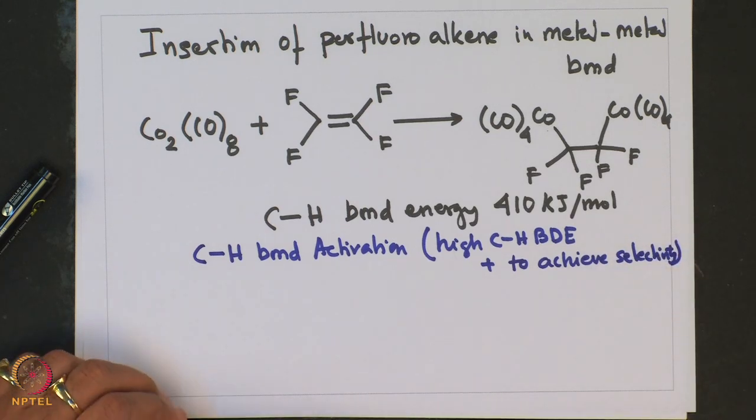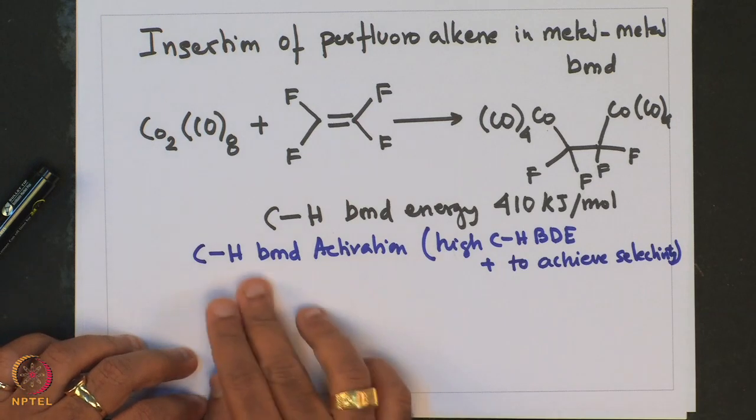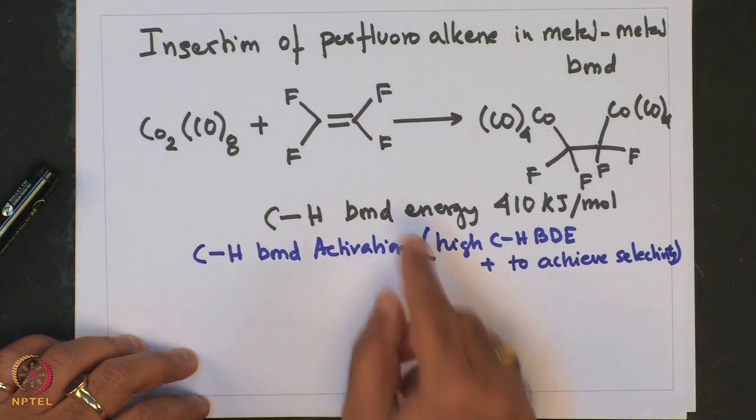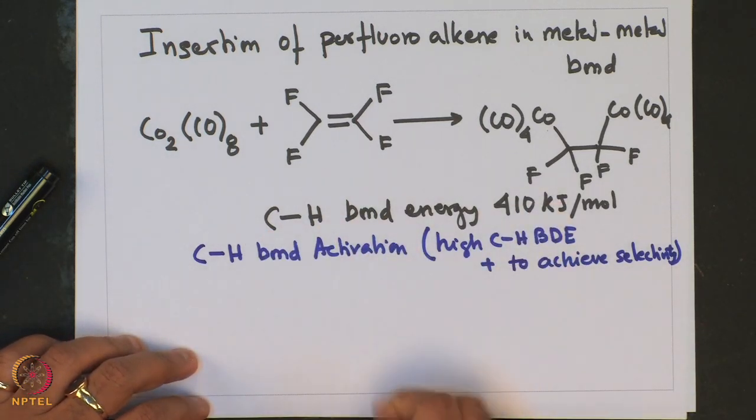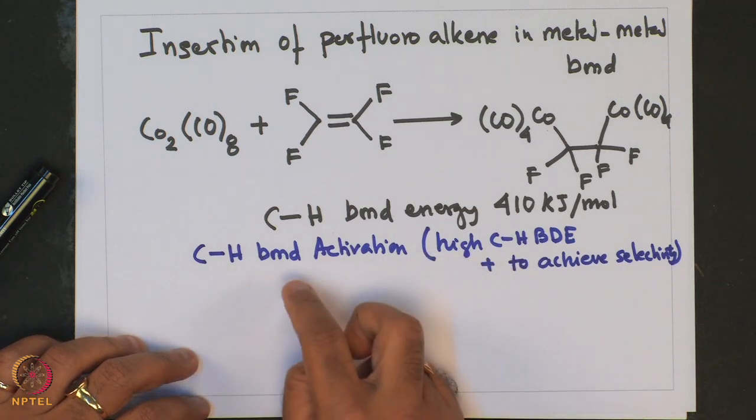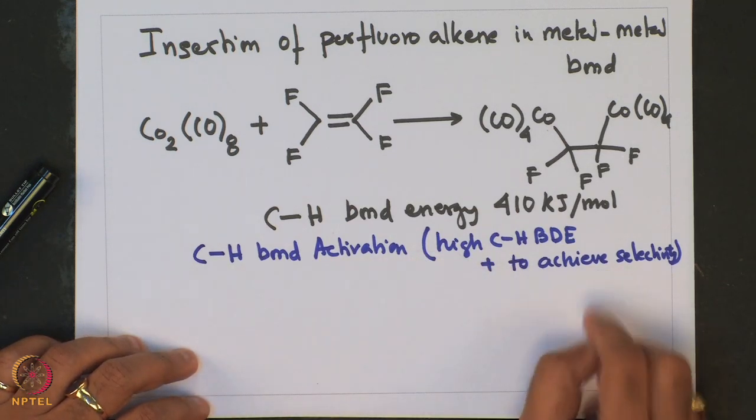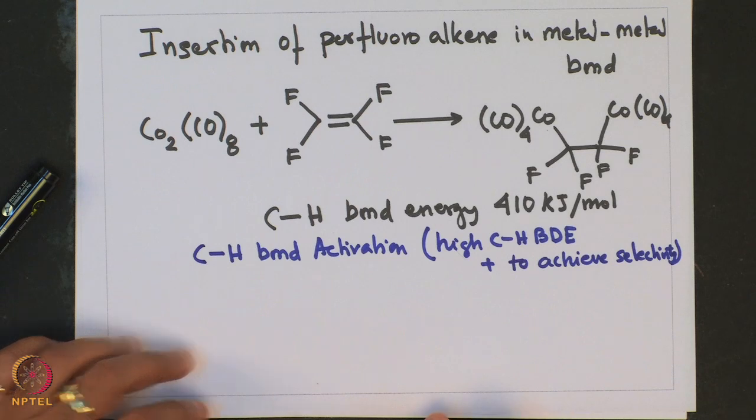So, what we saw is that CH bond activation was quite challenging, primarily because of its high bond energy as well as its ubiquitous nature, so that selectivity becomes the issue.